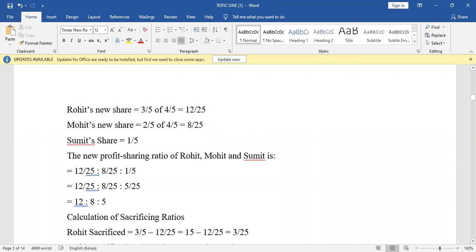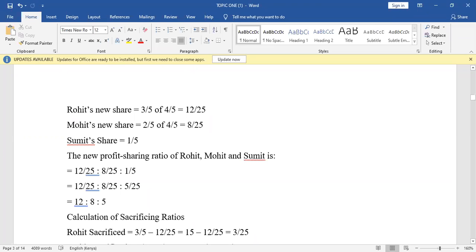So R will be getting 12/25 and M will be getting 8/25, right? But initially, what was their initial ratio? So that I can now calculate the sacrificing ratio.